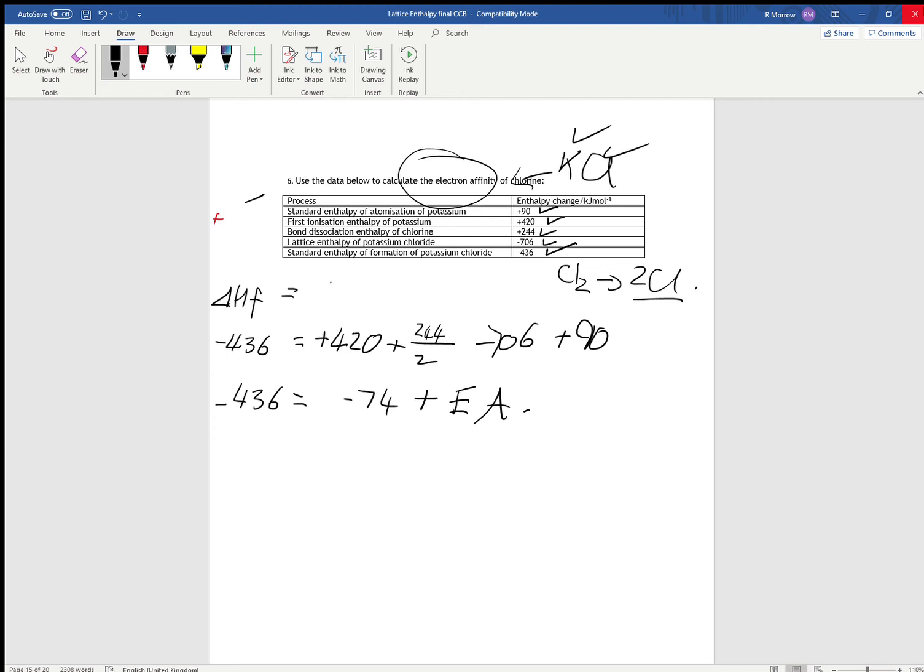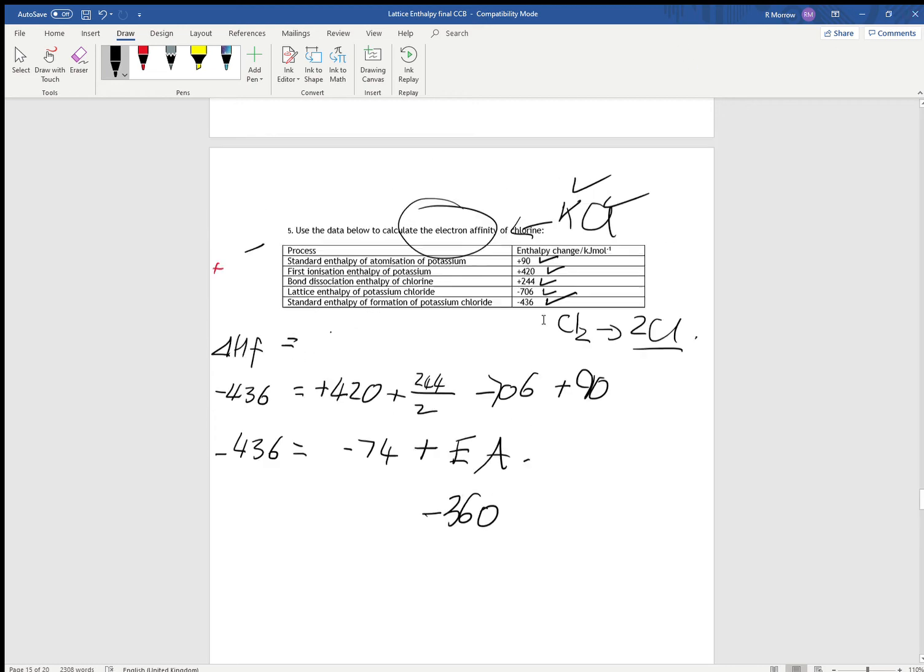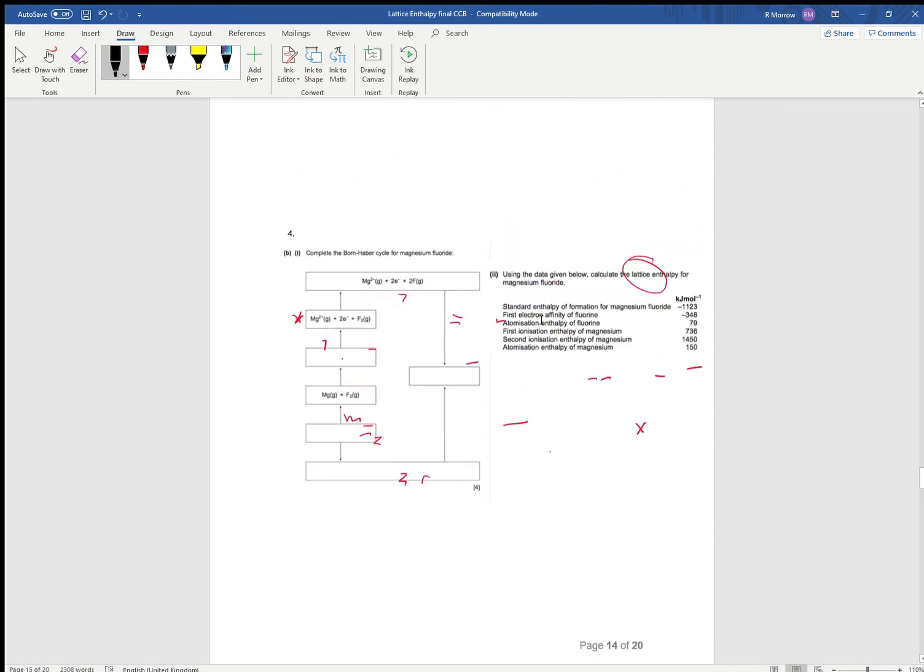Hopefully that makes sense. So that brings my electron affinity down to minus 360. That's what I'm getting as the electron affinity of chlorine here.